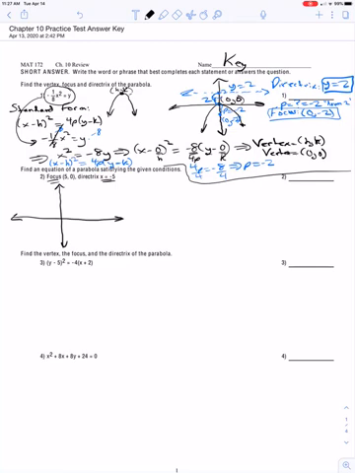Now our focal point is at (5, 0). So I'll go right 5 units and plot the focus. And my directrix is over here at negative 5. So let's go to negative 5 on the x-axis and draw in the directrix; x equal negative 5 is the equation of the vertical line at negative 5 on the x-axis.